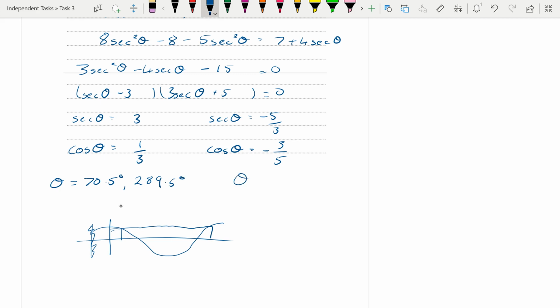And I do my theta by here. That gives me 126.9. And then if I find my other one, so that would be down here. If I find my other one, so I go backwards from 360, I'm going to get 233.1. And there are my 4. Now, if you want to put them in one line afterwards, that's completely fine. But there are my 4, nice and clear for the reader.